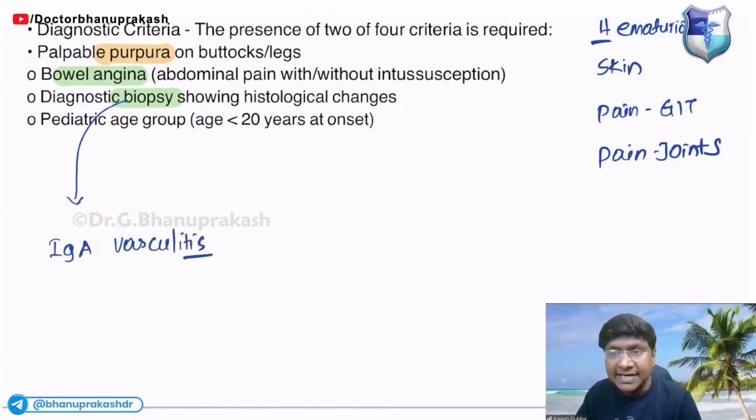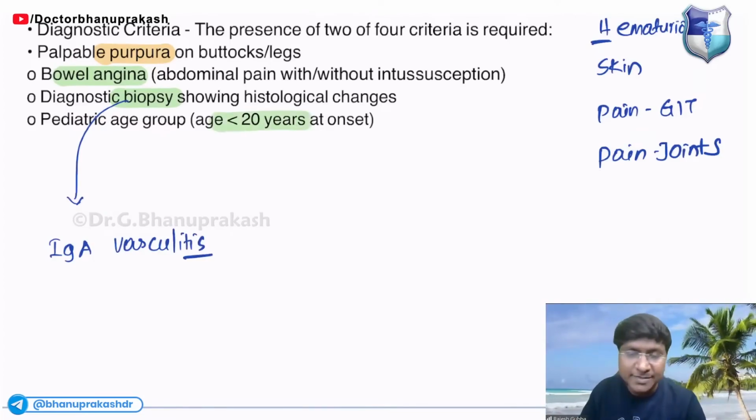And what is the age group at which you'll be seeing this Henoch-Schönlein's purpura? Less than 20 years. So out of 4, minimum 2 should be there for diagnosis of this IgA vasculitis.